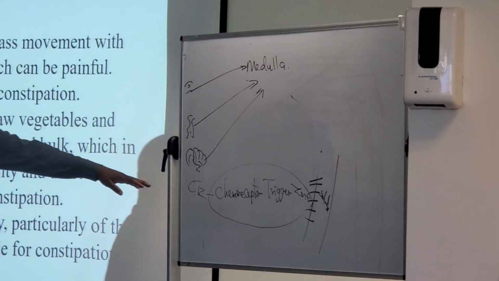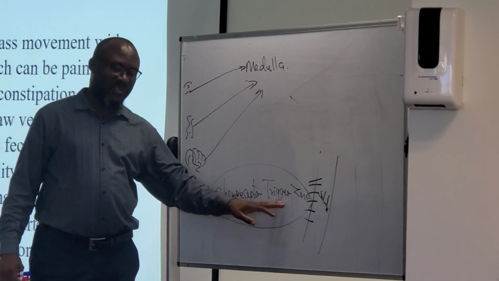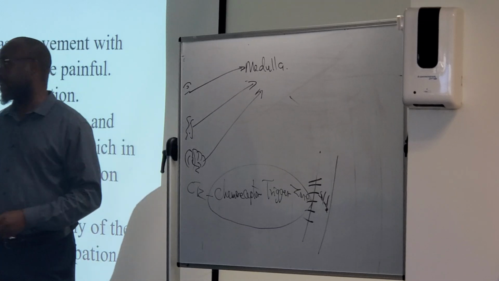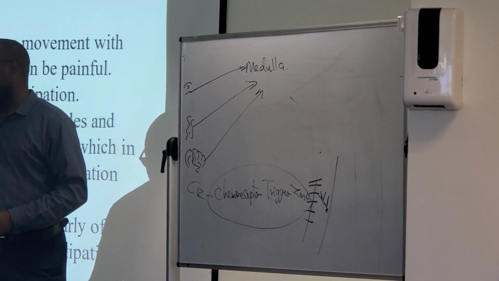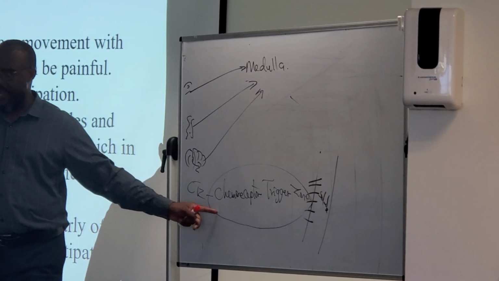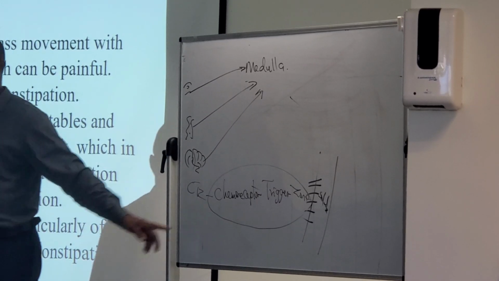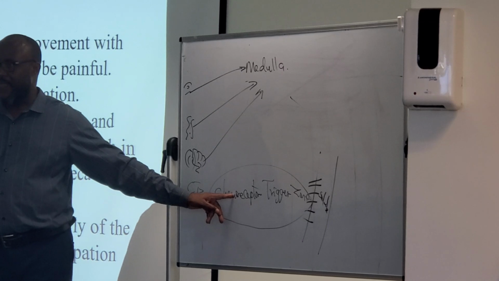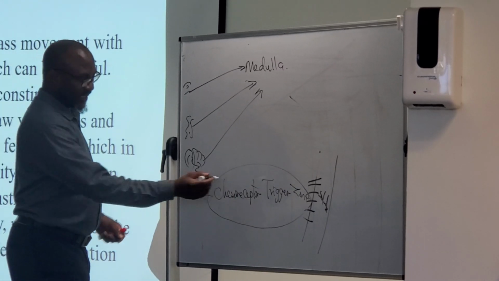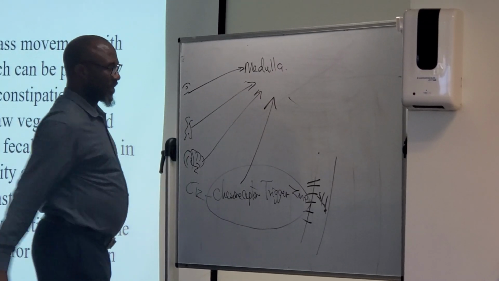But the chemoreceptor trigger zone does not have a sufficient blood-brain barrier, which means when blood comes to this area, certain chemicals in blood can seep out and excite this zone, which also sends information to the medulla.